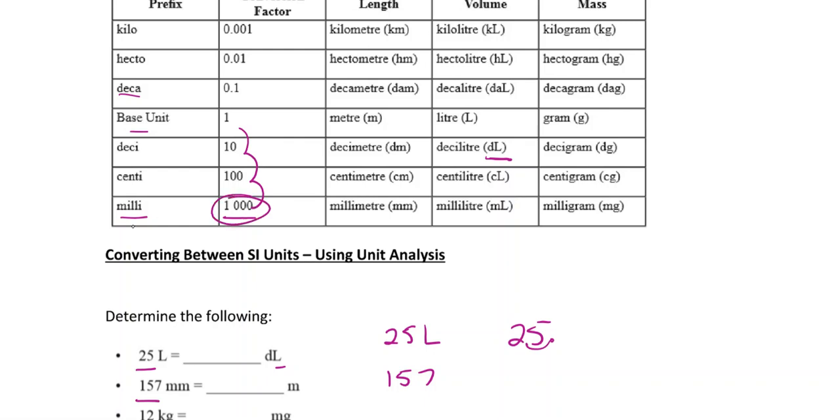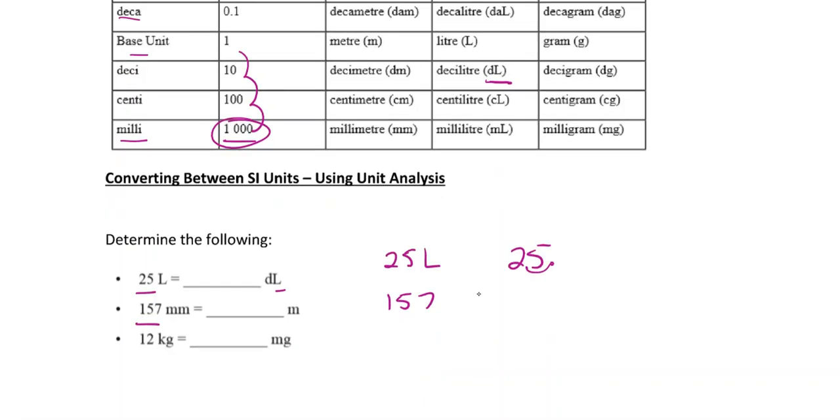There's 1,000 millimeters in a meter, so it's something to do with 1,000. Am I going to multiply this by 1,000 or divide by 1,000? Would I expect this number to be bigger or smaller? If it's this many millimeters and I'm turning it into meters, I'm expecting smaller, because if I have a lot of millimeters, that's going to be a small amount of meters.